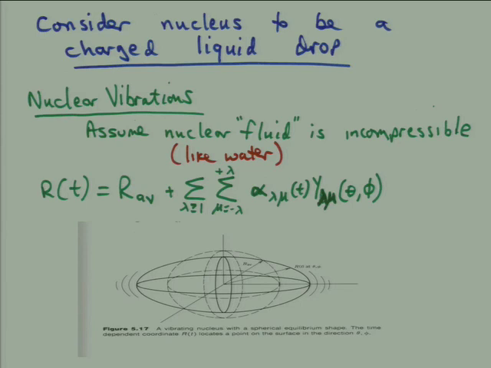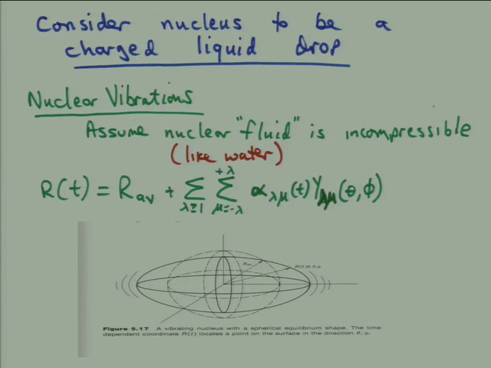And the picture we have then is you can write down a radius for the nucleus that is time dependent. Okay, so I'm imagining that I'm sitting here at the center, I measure the distance to a surface of the nucleus, okay? And that surface point is moving in time because the thing is oscillating.